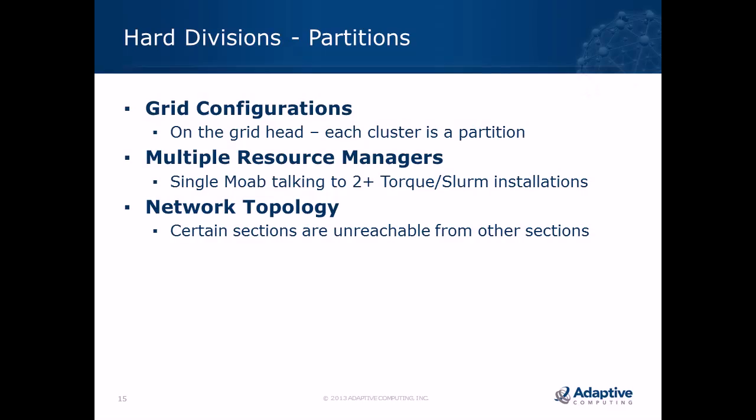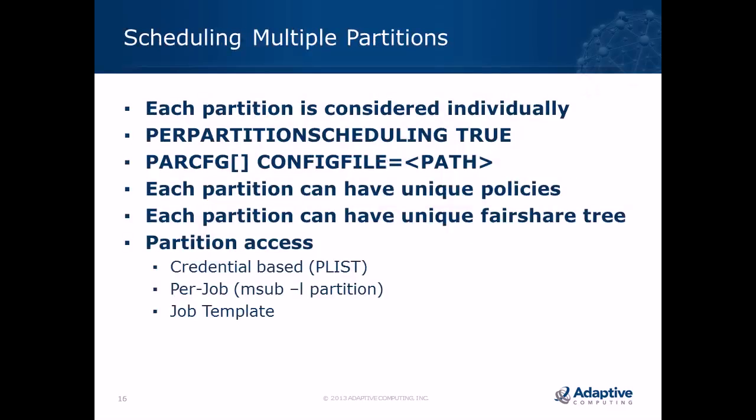A partition, as I mentioned, is a hard boundary. So if you don't have that hard boundary, maybe you don't need to use partitions. But if you do have the hard boundary, because you have legitimate reasons to have those hard boundaries, network, grid, whatever, partitions can actually be very useful.